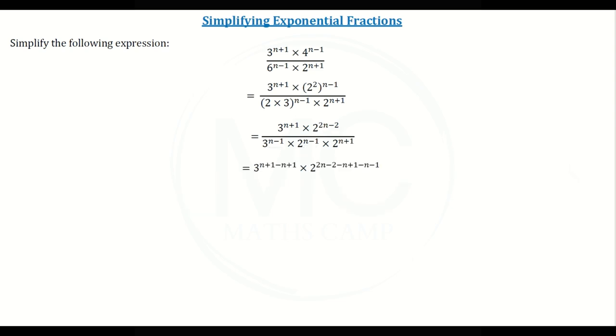Once again, let's add like terms within the exponents. So I have a base of 3, n minus n is 0, 1 plus 1 is 2, multiplied by the base of 2. Now I have 2n minus n, which is n, minus n again, which is 0. Then we have negative 2 plus 1, which is negative 1, minus 1, which gives me negative 2 again.